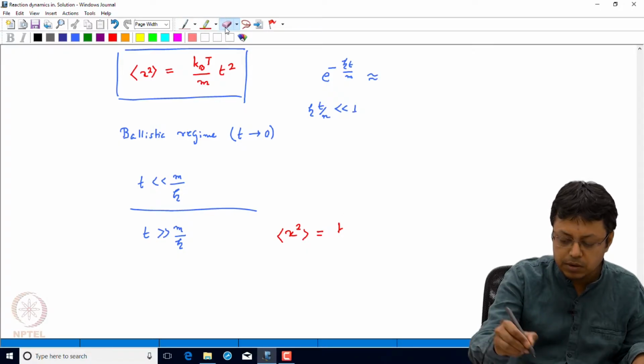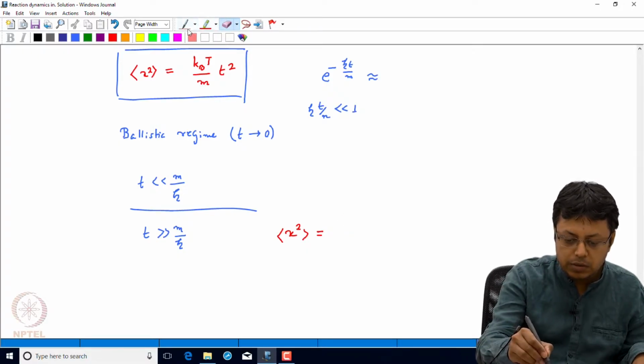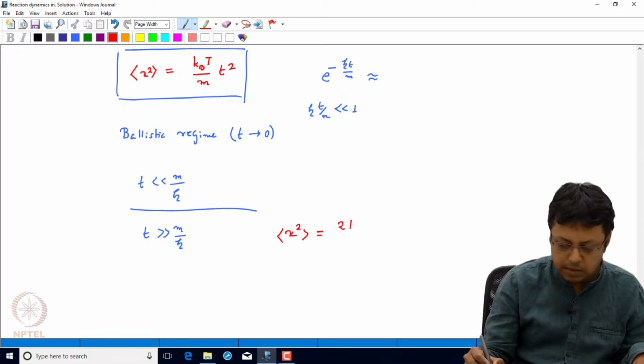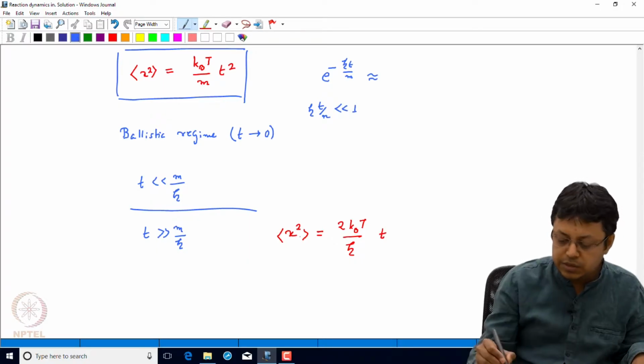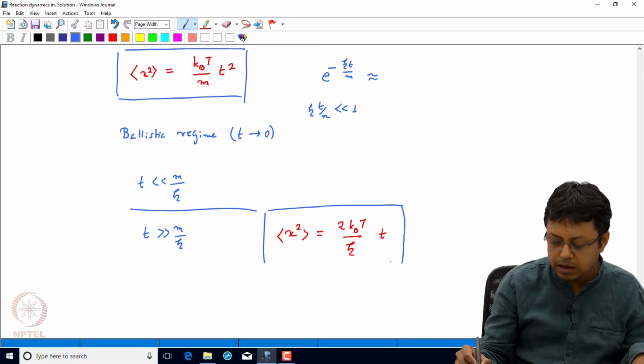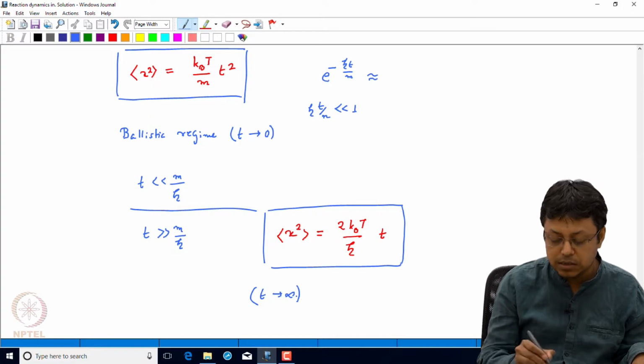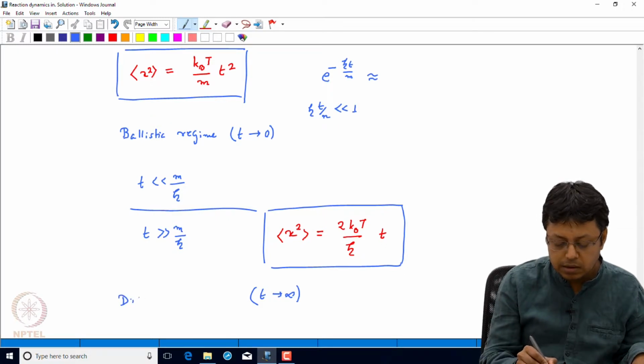Because the zeta will cancel out, it will be something like twice kBT by zeta into t. Now, this regime is valid when t goes to infinity, or in the long time limit, and this is known as the diffusive limit, or the Brownian limit.